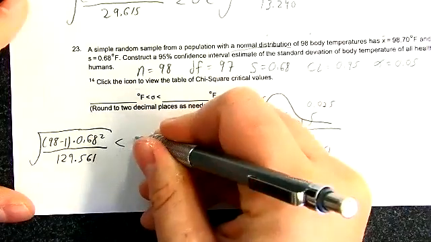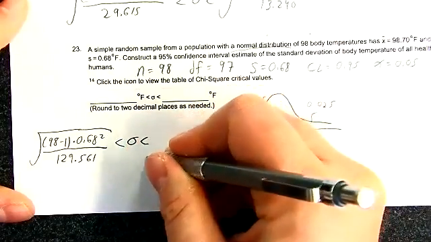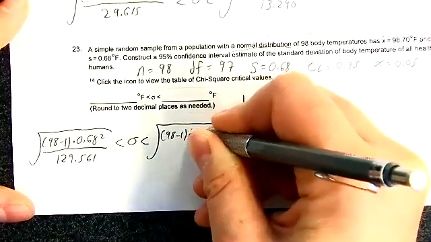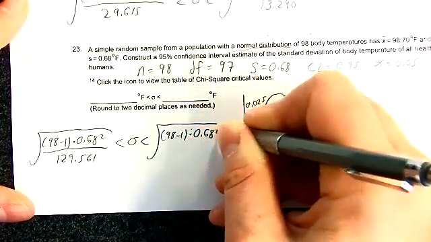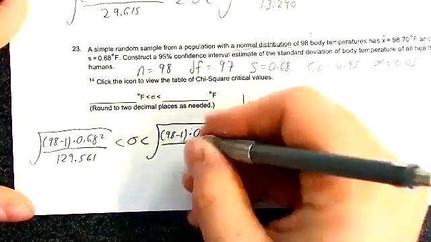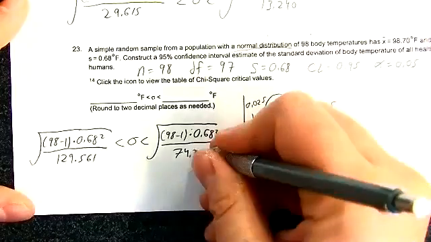That's going to sandwich standard deviation, which is sandwiched by almost the same thing. 98 minus 1 times 0.68 squared, same top, divided by chi-squared left now, 74.222.